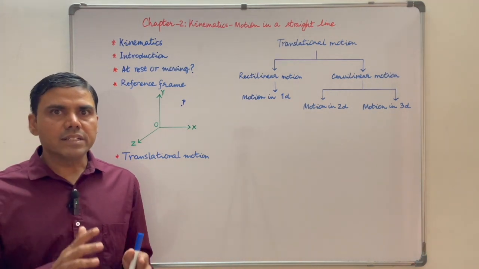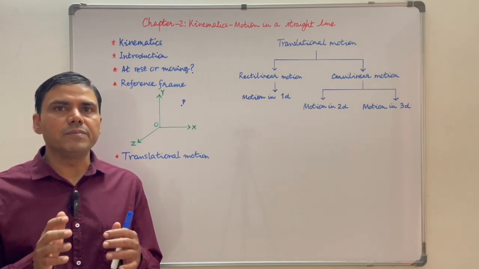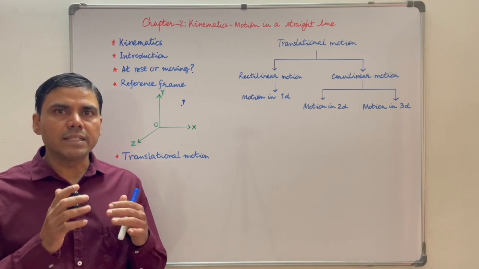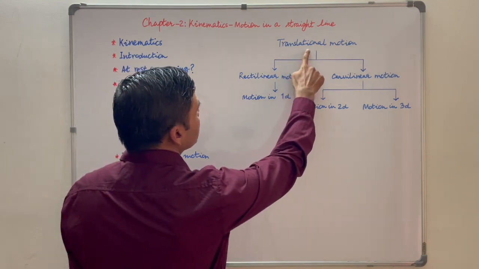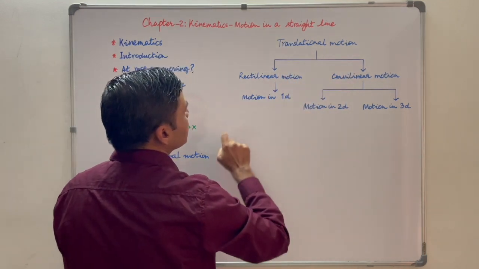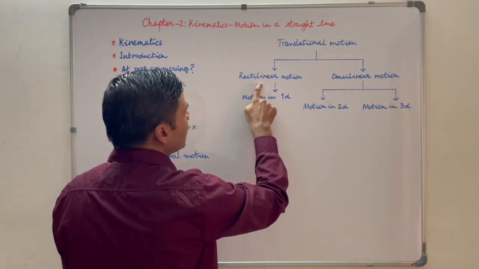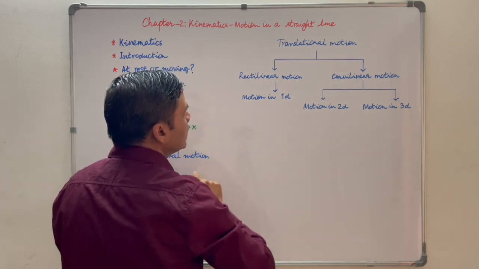Now let us see translational motion. Translational motion can be defined as the motion in which all points of the moving body move uniformly either in the same line or in the same direction. Translational motion can be divided into two categories, rectilinear motion and curvilinear motion. In rectilinear motion, the object moves in a straight line, means motion in 1D.